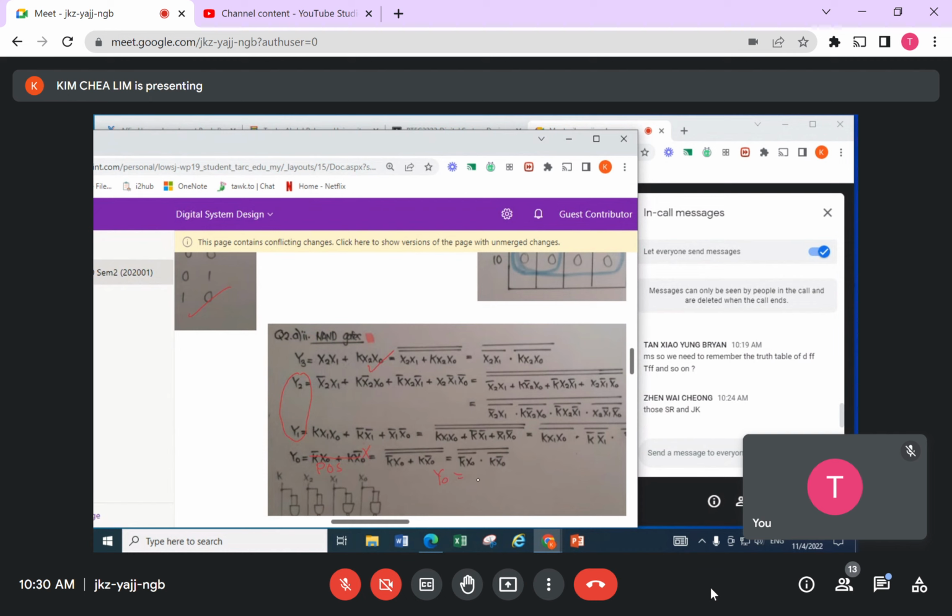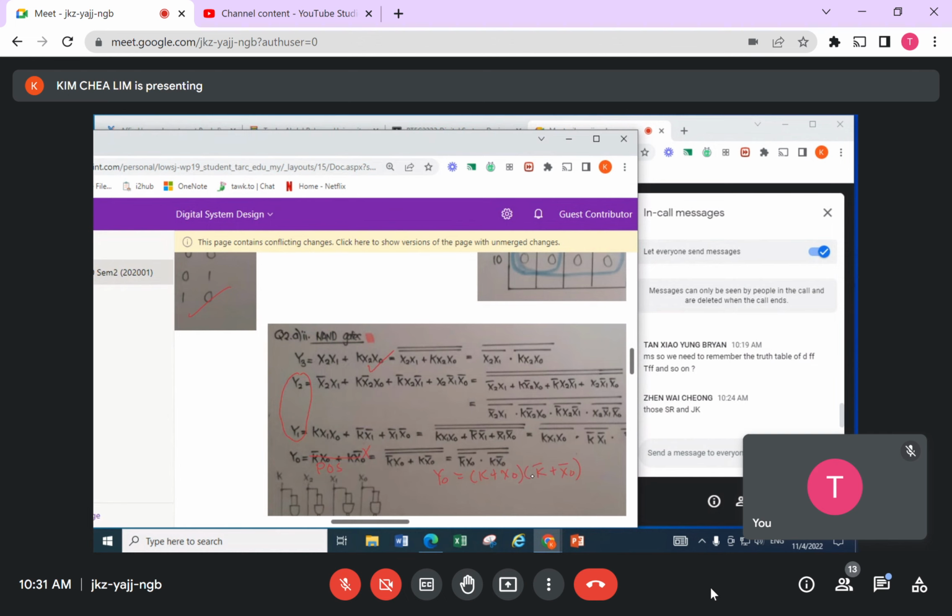Loop the 0, and then I'm going to have my K plus x0, AND it with K bar plus x0 bar. Of course, you can convert this one, but this question first asks you to design, so you should get these expressions directly from the Karnaugh map by looping the 0.